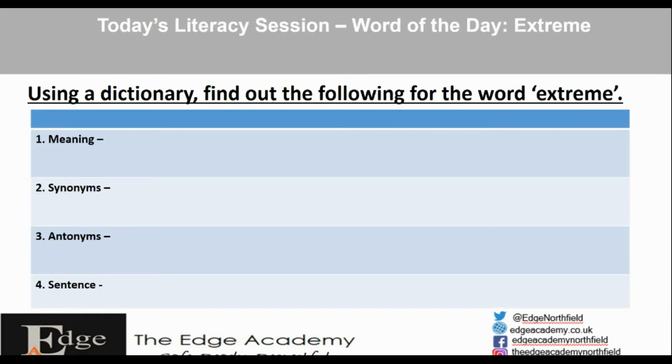Okay. So the next one, we're looking at our word of the day. And the word of the day here is extreme. So again, I would like you to pause this and I want you to work through this bit of information. So the first one is, can you find out the meaning of the word extreme? And number 2, I want you to think of all the synonyms, so words which are similar to extreme.